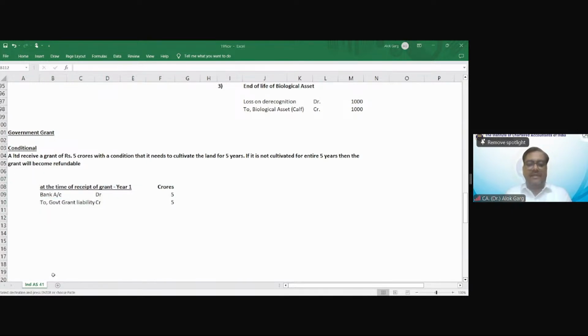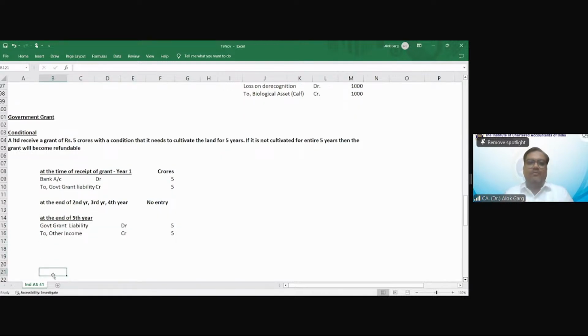At the end of second, third, and fourth year, no entry. What is the accounting entry at the end of the 5th year? Government grant liability to other income. Very good. I have just put the accounting entries you told me in the Excel file, correct?